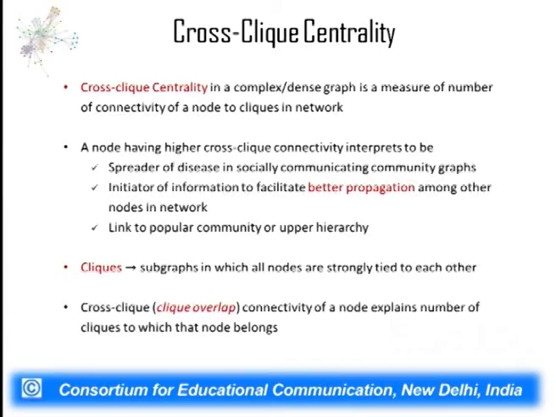That is, each node is linked with each other. That is what a strong community is. Okay, and when the clique overlap centrality is maximum for a node, it explains that the number of cliques to which the node belongs may be more relative to other nodes in the network.